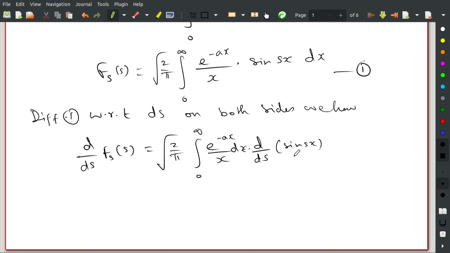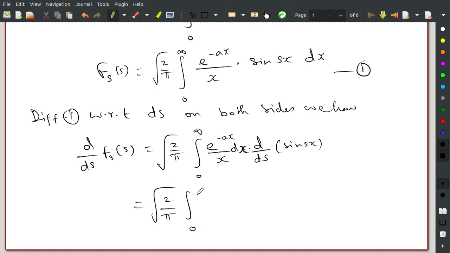If we differentiate this one, we have cos sx into x, since we are differentiating with respect to s.